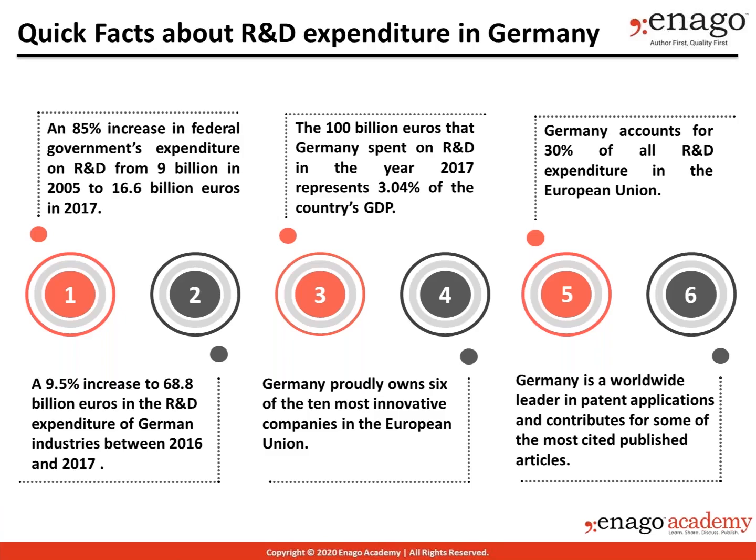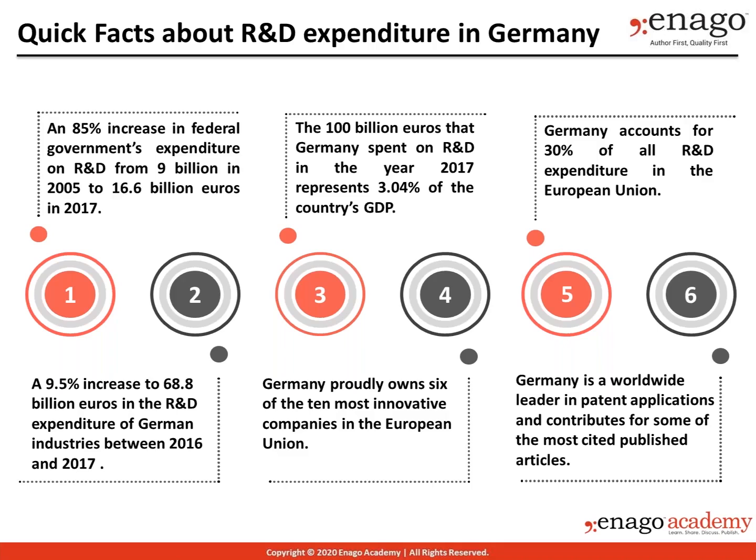So looking at Germany, between 2005 and 2017, there was quite a big increase in federal government funding, which has actually extended again more recently, and there was a nearly 10% increase in German industries between 2016 and 2017. It's at the upper end of the GDP level we were just talking about, just over 3%, and it has some of the most innovative companies in the European Union.